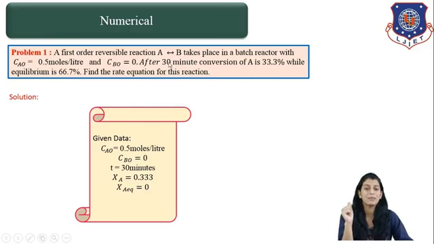Time is given as 30 minutes, so we write t equals 30 minutes. Conversion of reactant A after 30 minutes is 33.3%, so we write XA, the conversion of A, as 33.3%, which in fraction form is 0.333, right? And lastly, the equilibrium conversion XA equilibrium is provided to us.